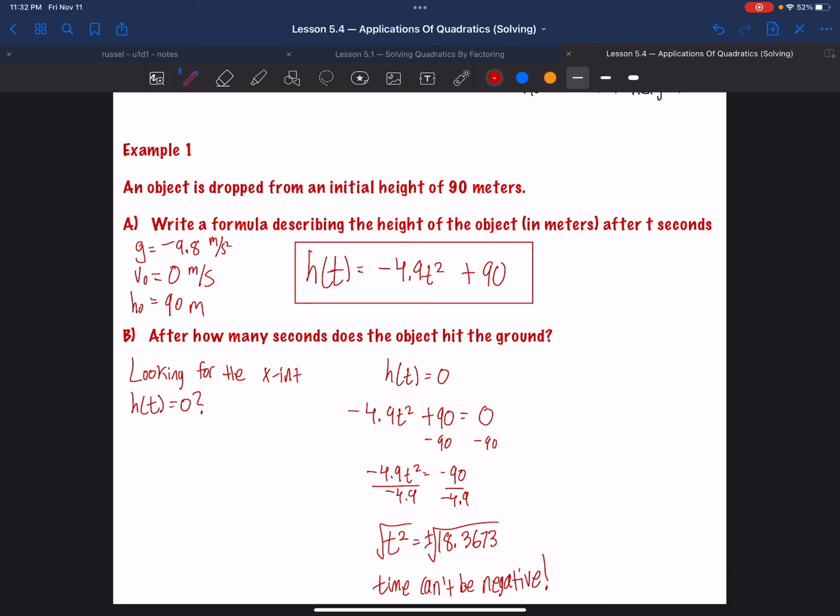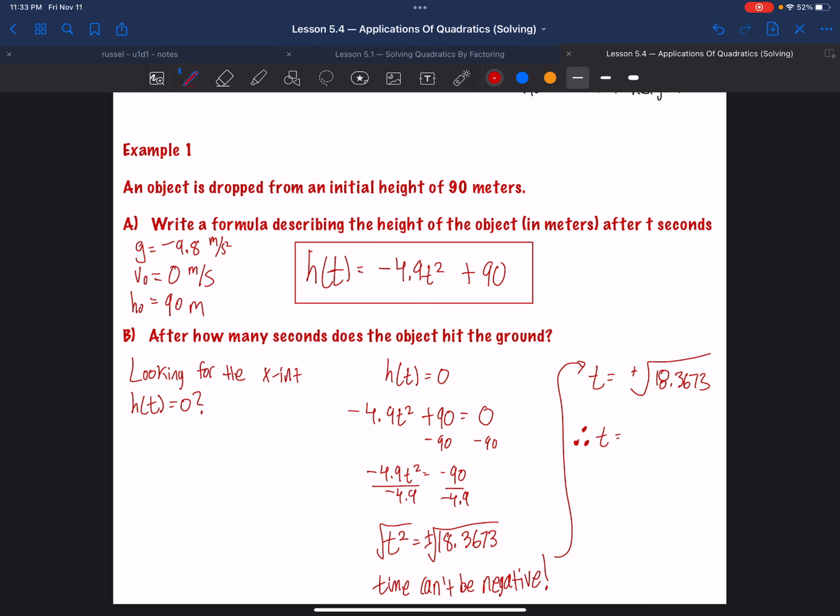All right? So this tells me t equals the positive square root of 18.3673. And so I say, therefore, t equals. Now I do believe isn't this a nice number? Let's take a look. I'm going to go to my calculator. So if I do square root of 18.3673, hold on.